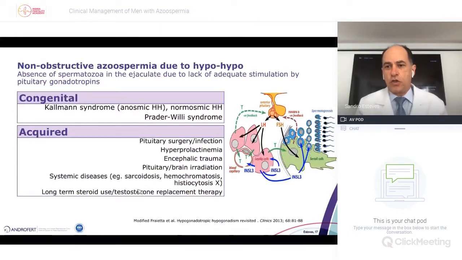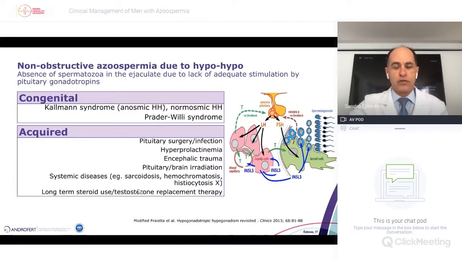We need FSH to act on the Sertoli cells to stimulate spermatogenesis, but we also need LH, because LH acts on the Leydig cells, making intratesticular testosterone that is very important to work in combination with FSH to sustain spermatogenesis. So acquired conditions could also be related to hypo-hypo.